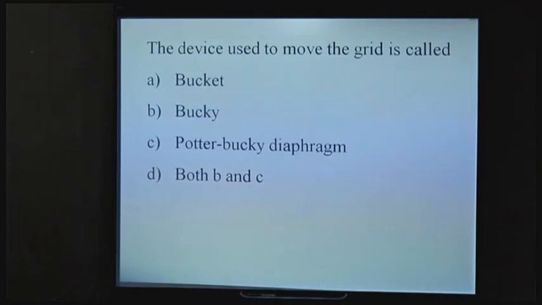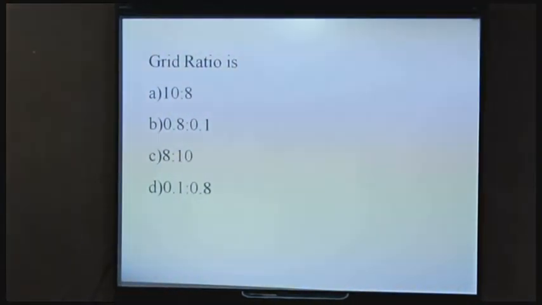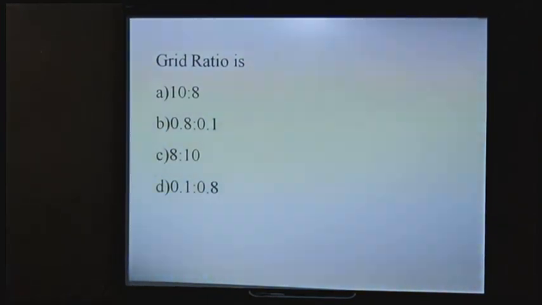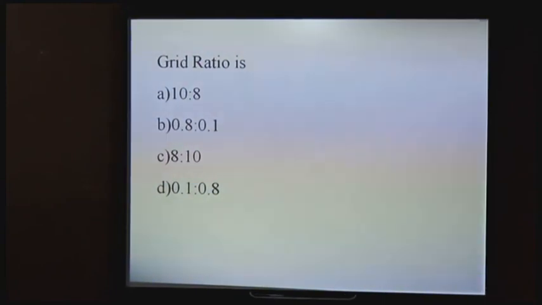The device which is used to move a grid is called as Bucky. The other name is Potter-Bucky diaphragm, so the answer is D. You have 2 names for it. What is a grid? You will have a primary beam and you will have a secondary beam. The primary beam is allowed to pass through the radiolucent spacer of your grid, and the secondary beam, which is not in line with that of the patient and your source, is absorbed by your lead.